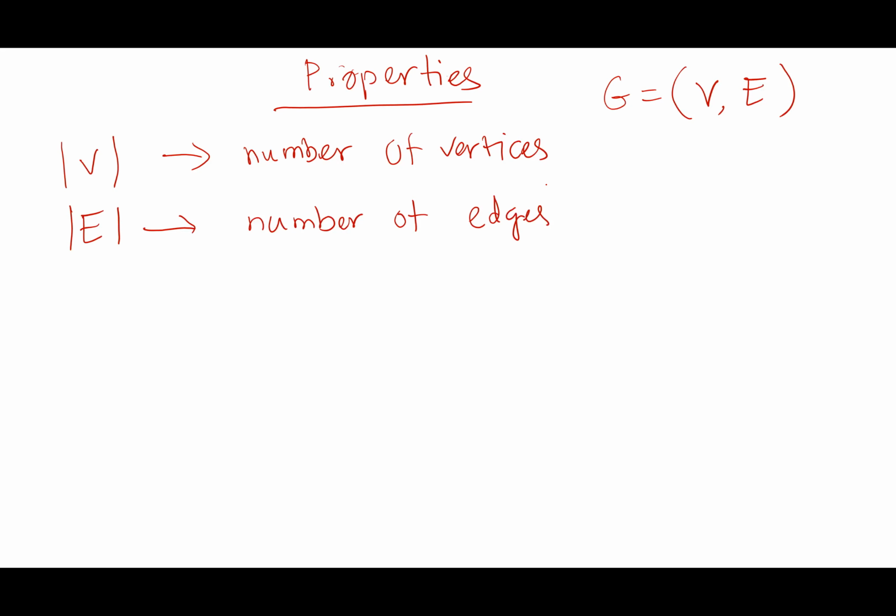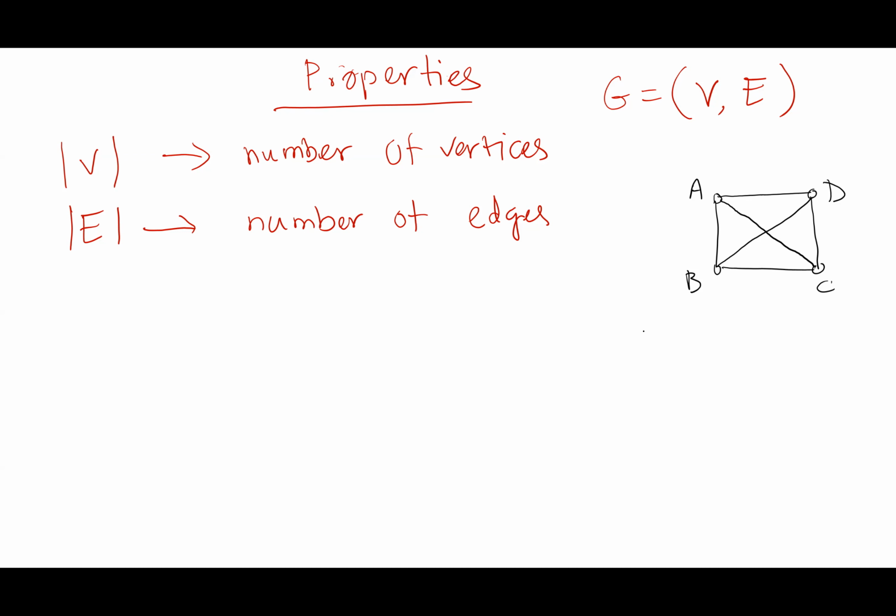Okay. Can we calculate the maximum number of edges that a graph can have? As we said, there is no constraint in a graph. Suppose we think about a graph with 4 vertices, where each vertex has an edge to every other vertex. This is the maximum number of edges in this undirected graph.